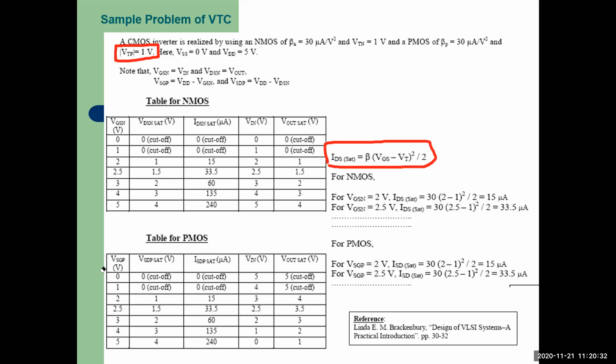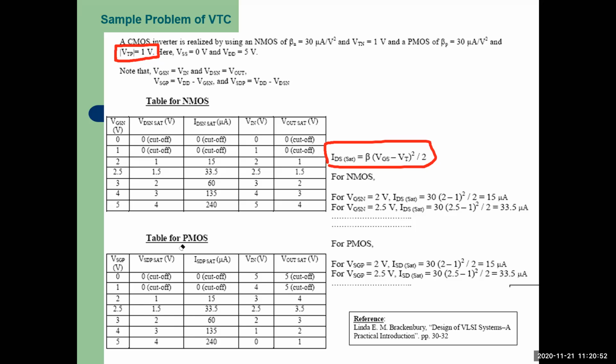Now come to the IDS. For IDS, the same formula. Here in case of this, it is ISD. ISD is equal to beta P (VSG minus VT) whole square divided by 2.